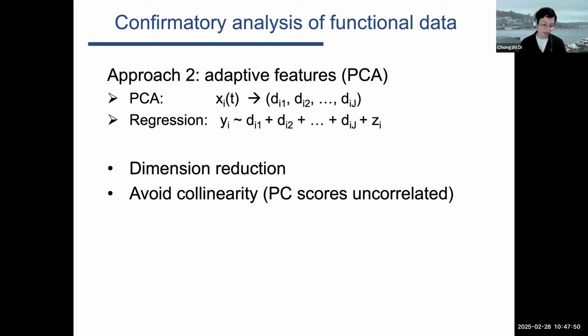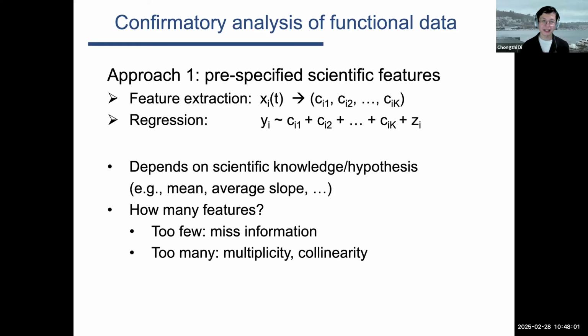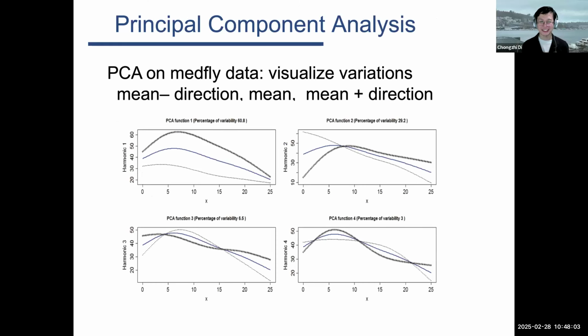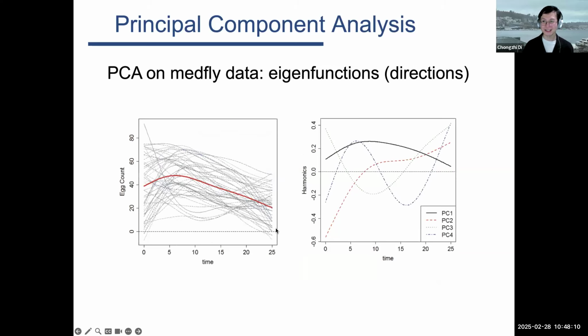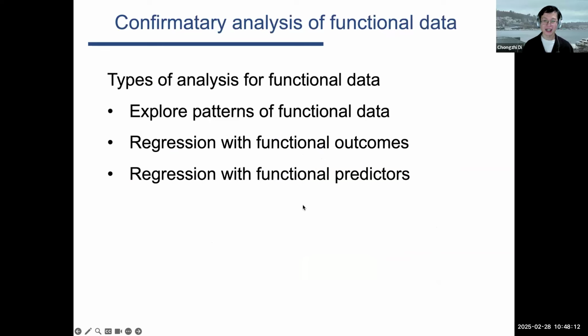But on the other hand, the limitation of this approach, I would say, is generally a lack of interpretability. As we mentioned earlier, we try to explain what these principal components are, but sometimes they are still not very easy to interpret, right?